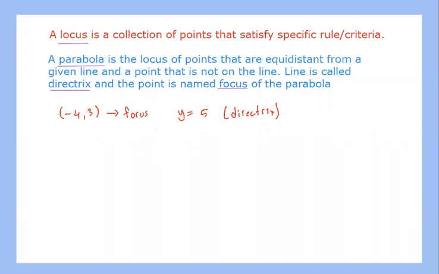Since my focus is given as this point and the directrix is about the x-axis, maybe I should have a bigger picture of that x line. So this is x and this is y, and it says y = 5, right? Let's go ahead and draw that.